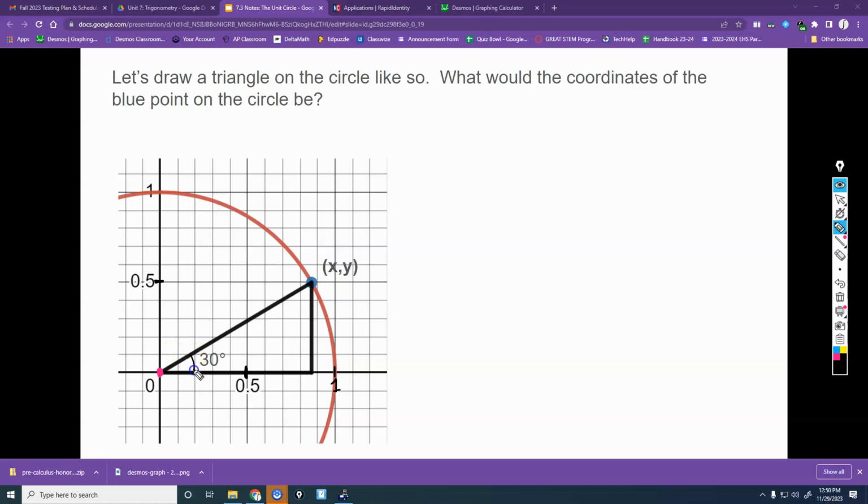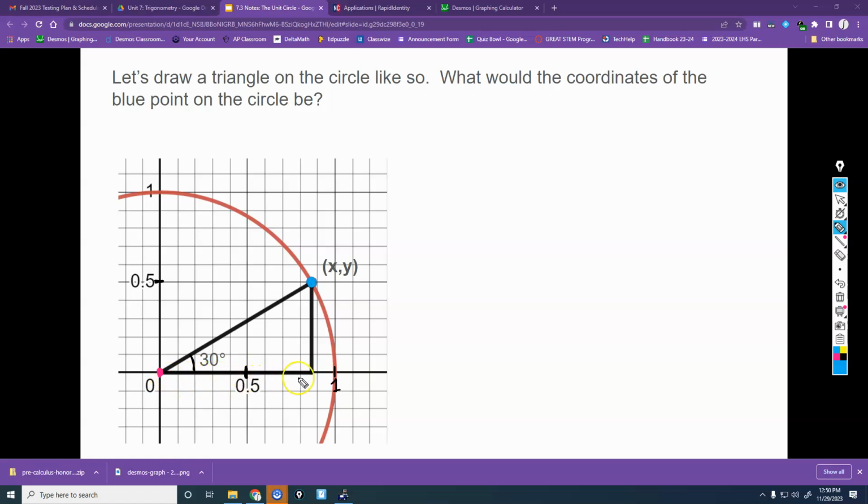So this angle right here is 30 degrees. And it says, what would the coordinates of the blue point on the circle be? So we got this blue point over here, and we're wanting to know the x, y coordinates, right? We could just kind of guess at this. So I said that's 0.5, and there's 1, 2, 3, 4, 5 blocks.